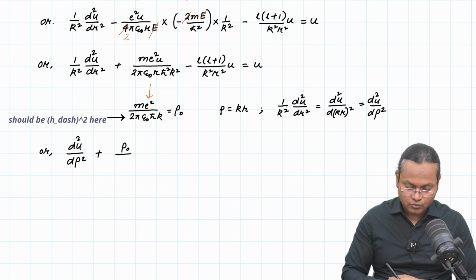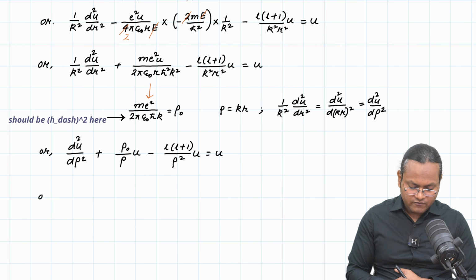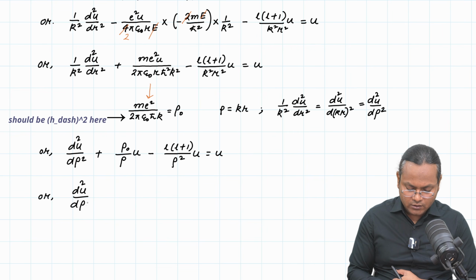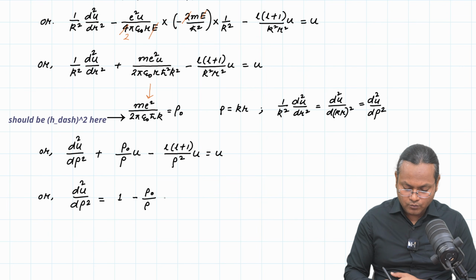So therefore this is ρ. Okay, and of course there's a u here, minus (L plus 1) upon (kr)² u equals u, which simplifies to this equation: d²u upon dρ² is equal to, if I take 1, ρ₀ upon ρ plus (L plus 1) upon ρ² times u.